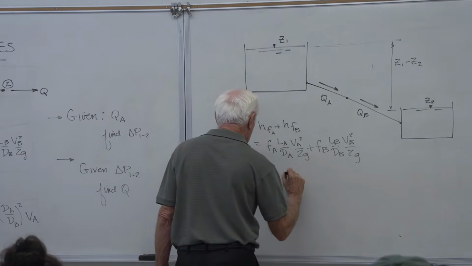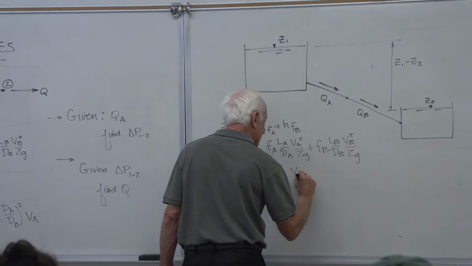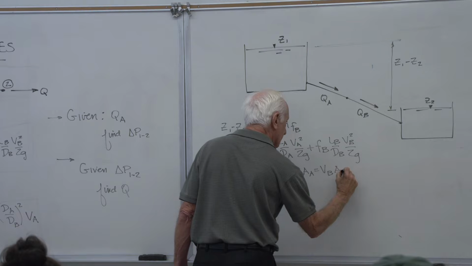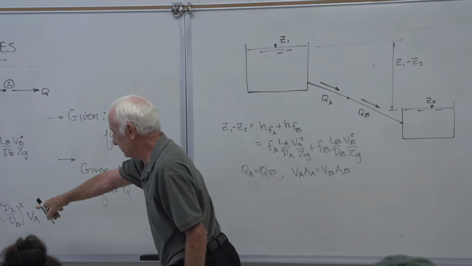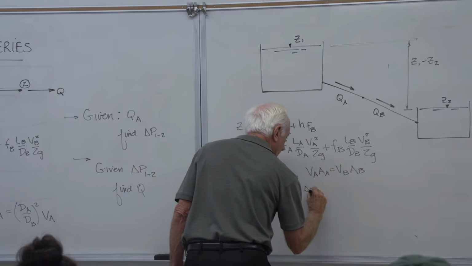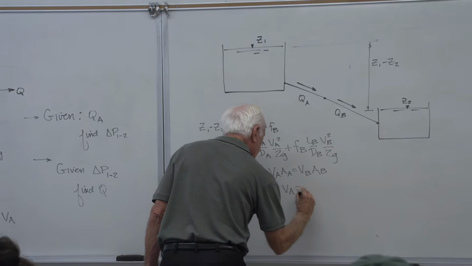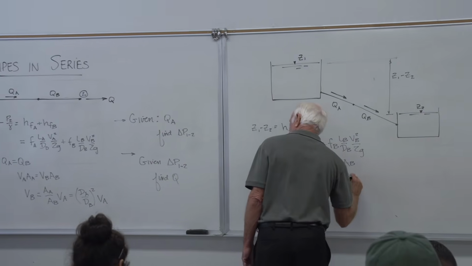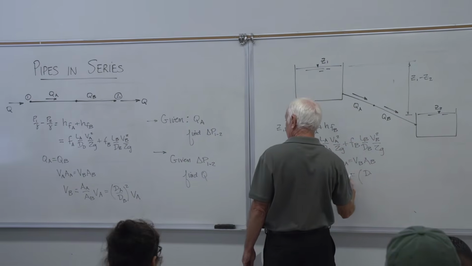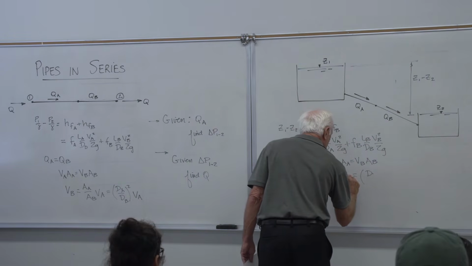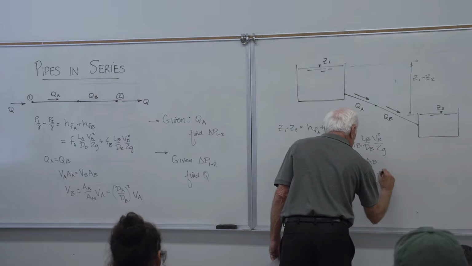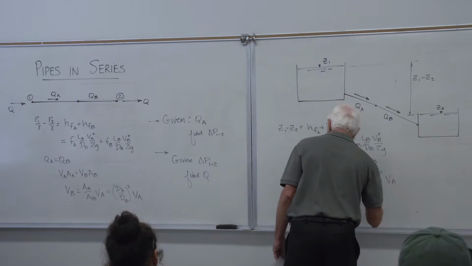So we have VA times the area of A equals VB times the area of B. Same conclusion. So VB is equal to the ratio of diameters squared, dA over dB squared, times VA.